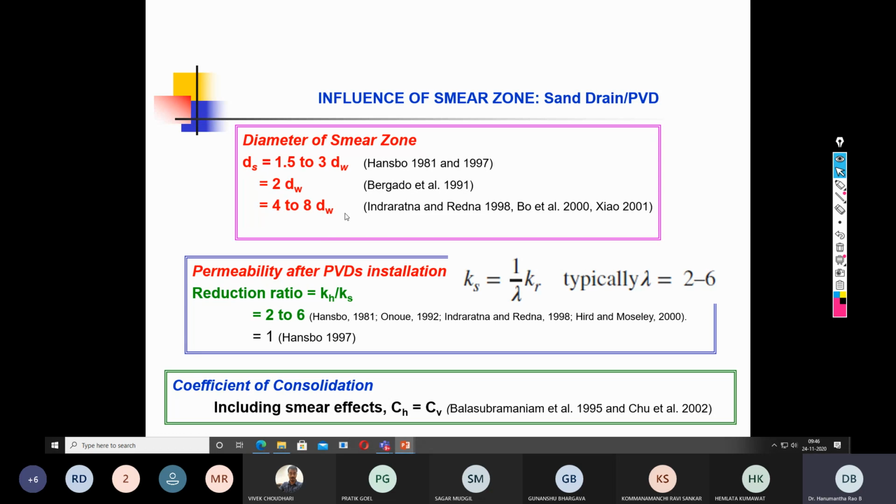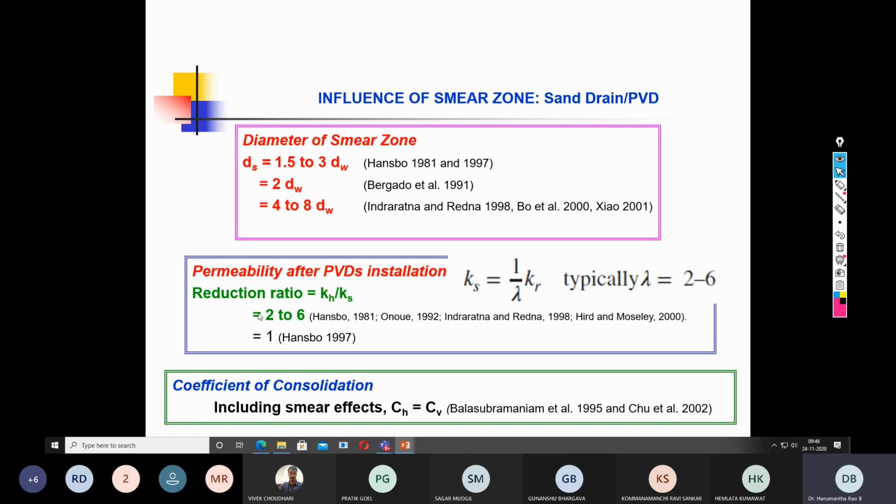Now, what value to pick is up to our prerogative, but you should understand it is dependent on the soil type. These authors belong to different countries, so they are working in different clay soil types. Depending upon the soil type, the zone of influence might be different.